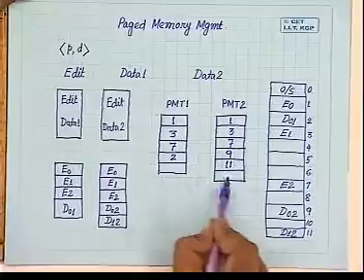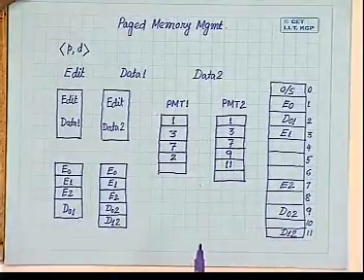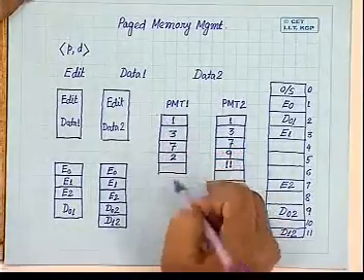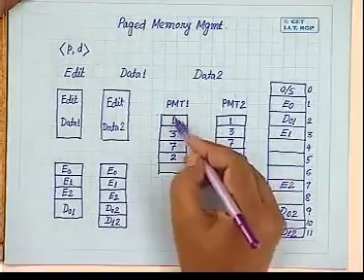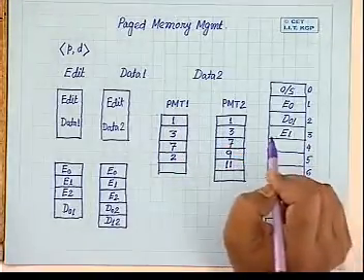Similar protection should also be available in paged memory management. You find that 2 of the entries I have kept intentionally blank. The reason being, whenever I create a page map table, I have to decide what will be the maximum size of the page map table.